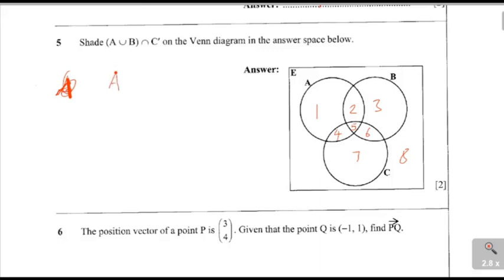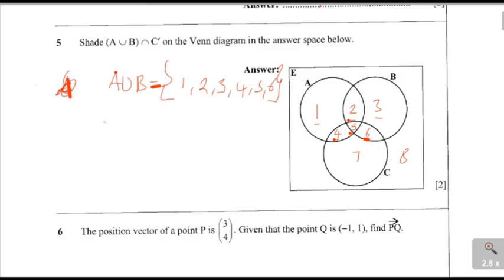You say A union B. Now A union B, we combine the elements that are in A with the elements that are in B. So we are going to have 1, 2, 3, 4, 5, 6. That is our A union B. After writing this now, that is your A union B.